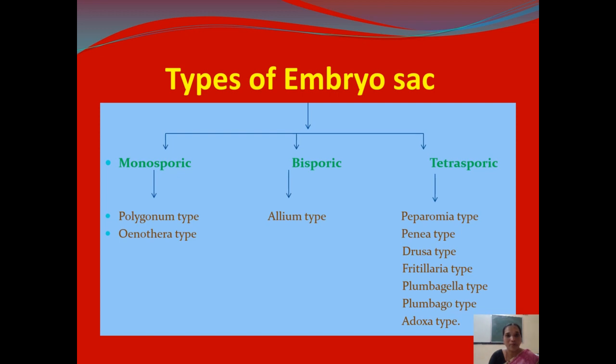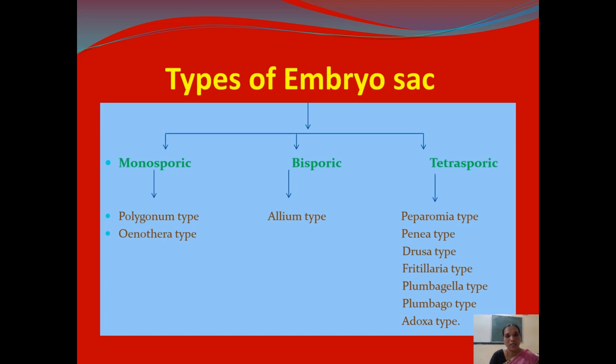There are three types of embryo sac development: monosporic, bisporic and tetrasporic. They have been further divided. Monosporic has two types, polygonum type and enothera type.